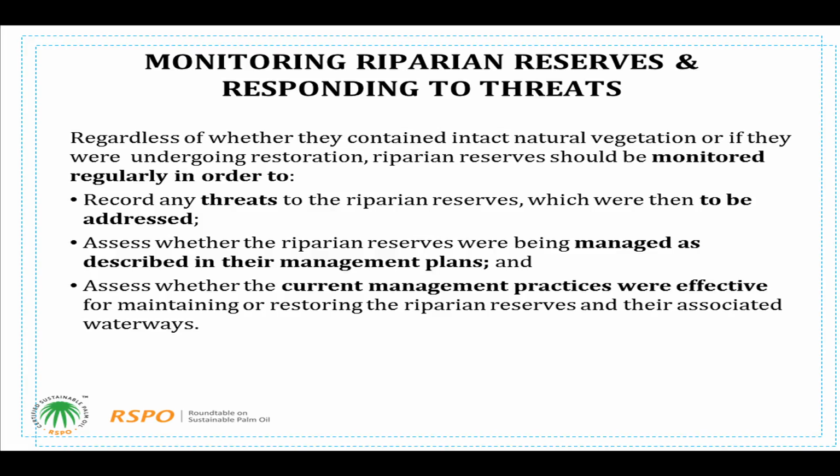Riparian areas should be monitored regularly in order to record any threats to the riparian reserve, to assess whether riparian reserves are being managed as described in the management plans, and to assess whether the current management practices are effective for maintaining or restoring the riparian areas and their associated waterways.